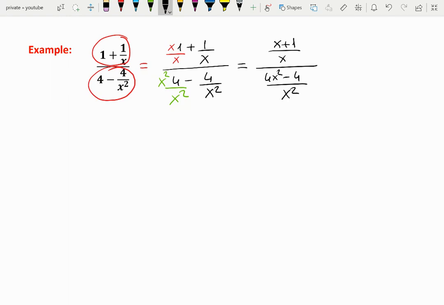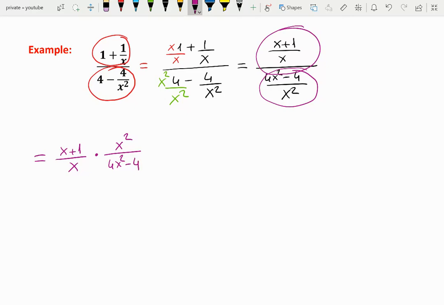Okay. Now I can do something with these two fractions. I have x plus 1 over x, and then I can multiply by x squared over 4x squared minus 4. I'm changing the numerator and denominator place.